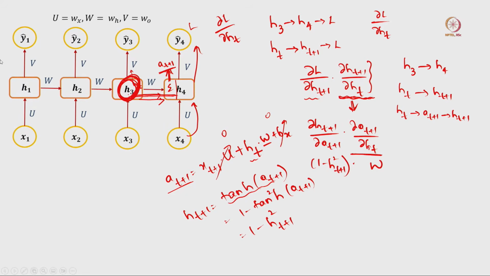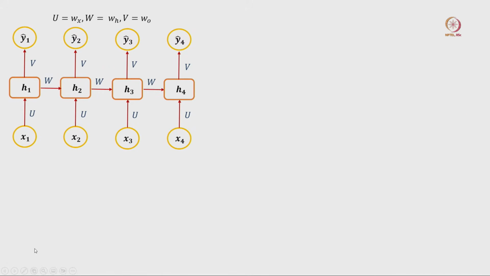So, can I now write the overall equation in this way? The derivative of loss with respect to h_t is actually the combination of two. What are those two? One going up, which we write as the derivative of the loss at a particular current time t with respect to h_t, plus the going right term.